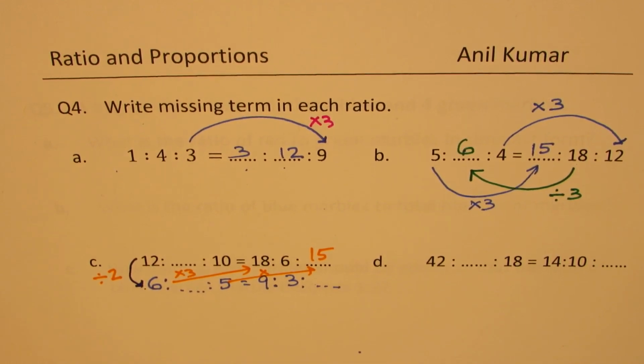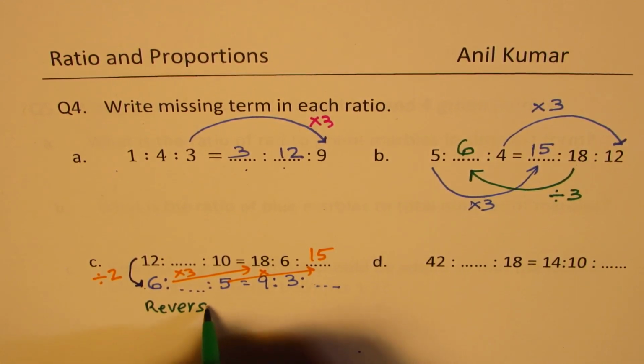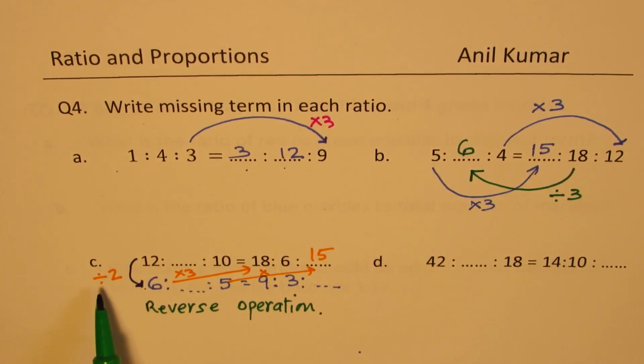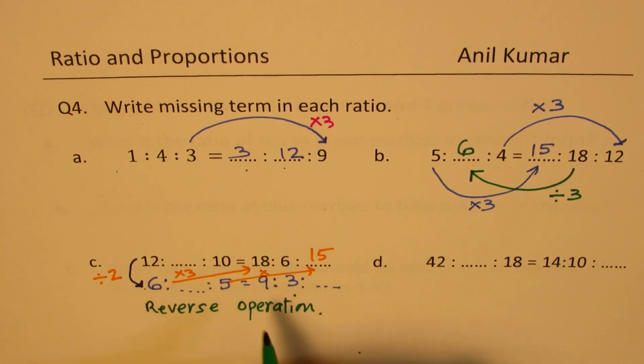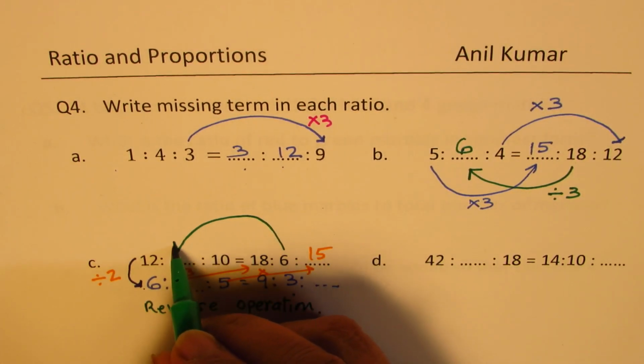to there. How do we get back from 6 to this place? That is a big question. So we have to do reverse operations. So we did divide by 2 times 3. Now what we are doing, we have to go from 6 to this position.